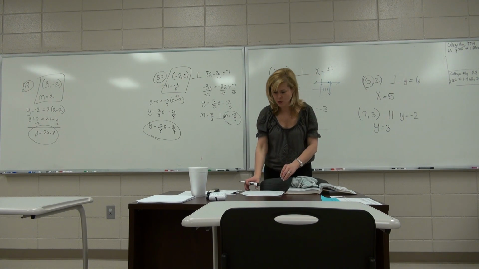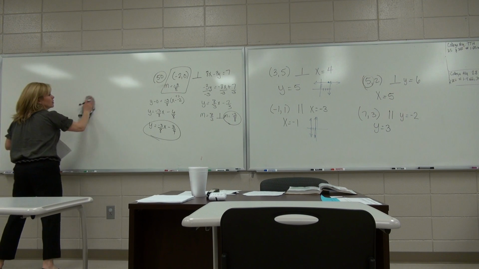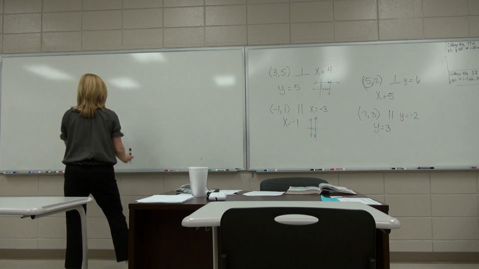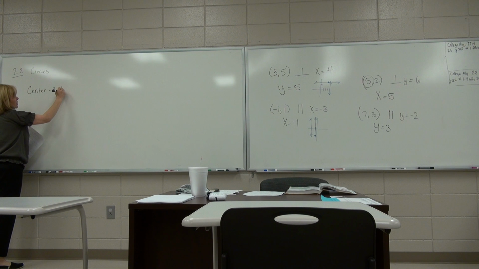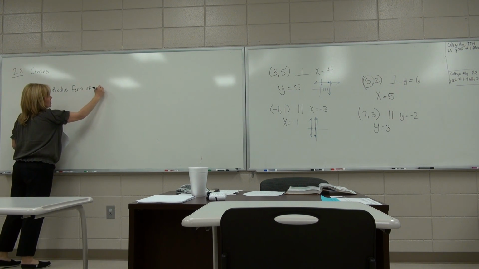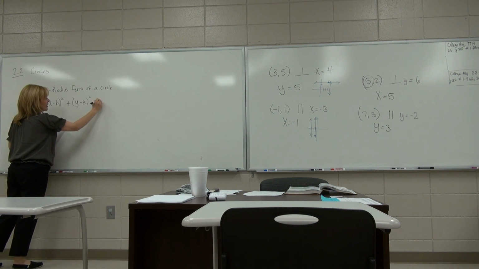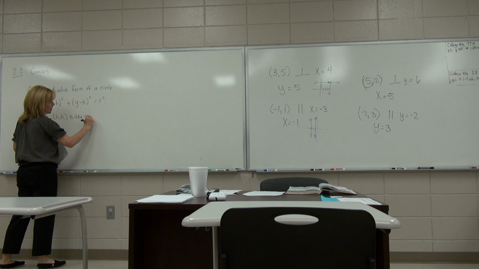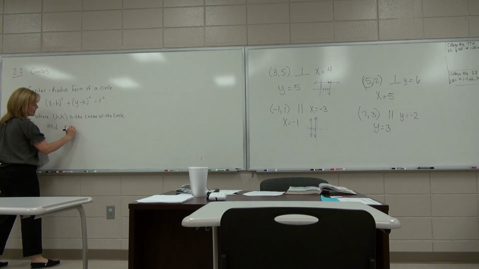So 2-2, the problems we're going to be looking at are on page 198. The point h, k is the center of the circle, and r is the radius.